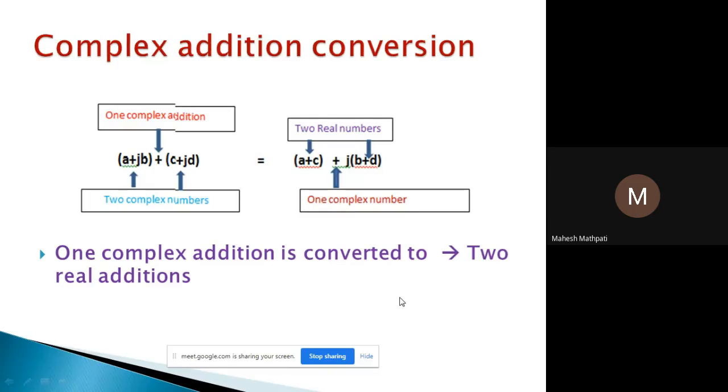Next line you write: we know that for each value of k, there are N minus 1 complex additions.